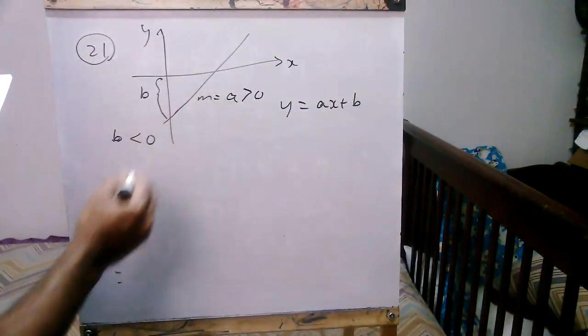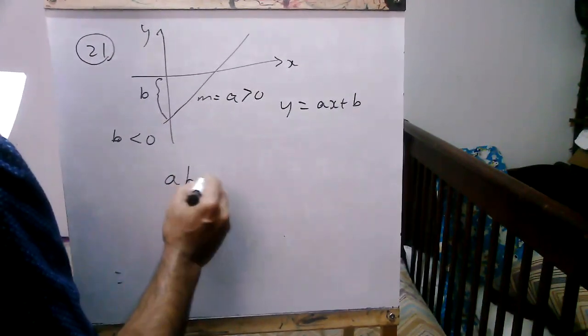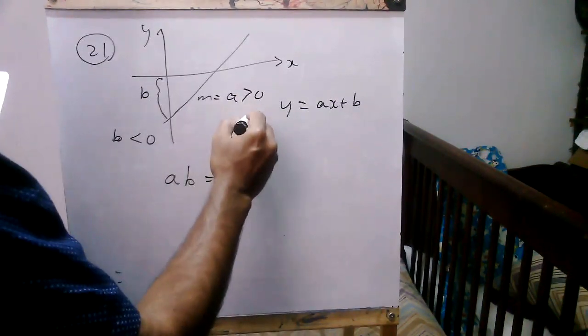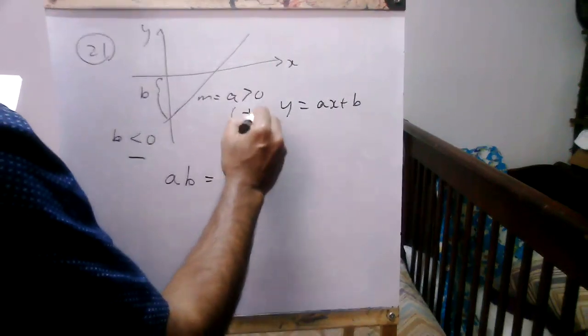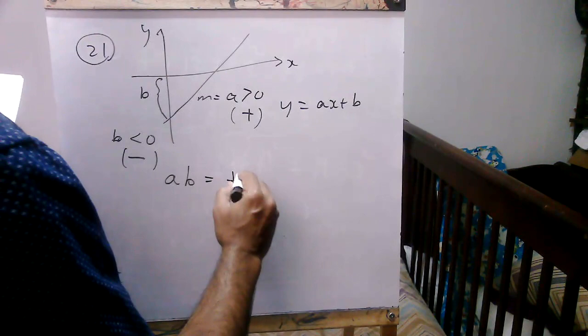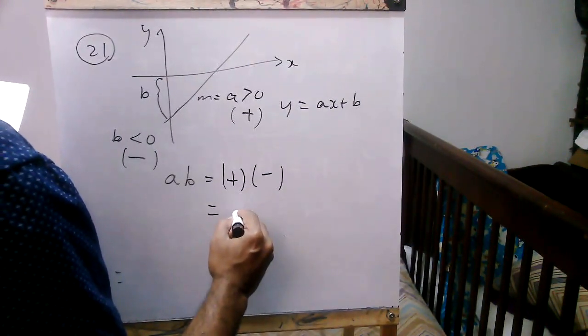A negative number multiplied by a positive number gives AB. A is positive, B is negative, so the product is negative.